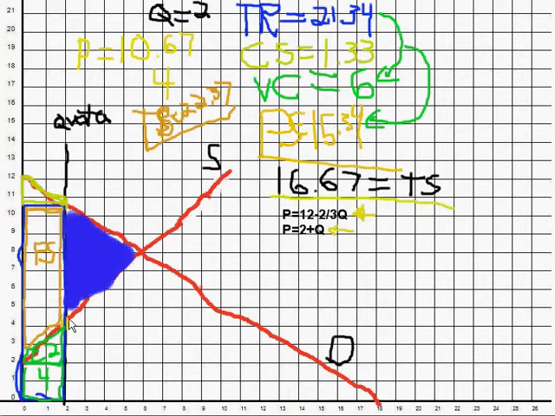The bottom part of the blue triangle goes down to the other candidate price that we had there, which was 4 right there. And so the base of the blue triangle goes from 10.67 down to 4.